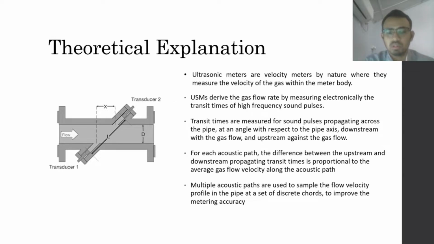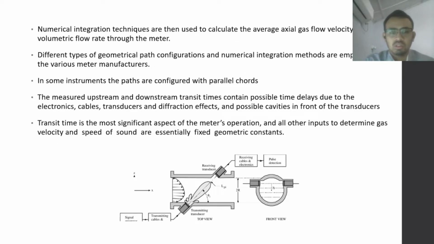Multiple acoustic paths are used to sample the flow velocity profile in the pipe at a set of discrete chords to improve the metering accuracy. Numerical integration techniques are then used to calculate the average axial gas flow velocity and the volumetric flow rate through the meter.